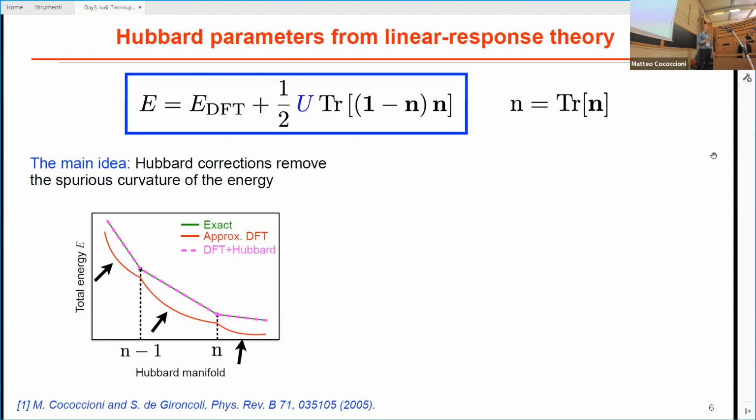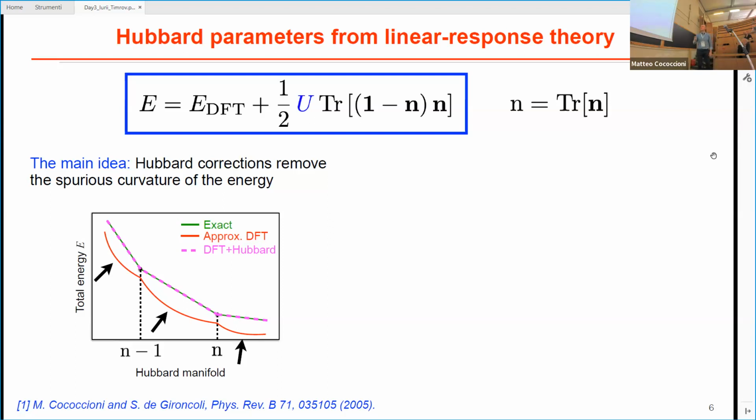This is not a theorem or anything. It's just really a heuristic statement that the energy as a function of the number of electrons in the Hubbard manifold is piecewise linear. Approximate DFT gives you quadratic-like behavior due to self-interaction errors. And with Hubbard corrections, plus U or plus U plus V, we are restoring the piecewise linear behavior. So we're adding to our DFT functional a Hubbard correction to compensate for this unphysical curvature.